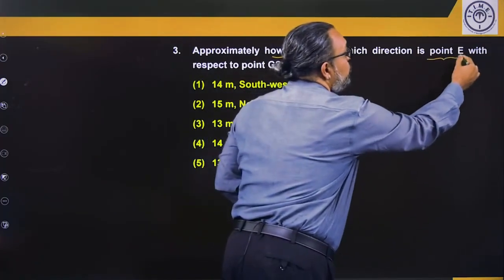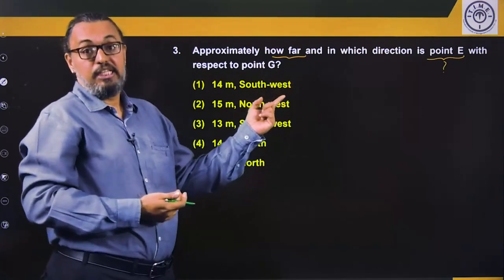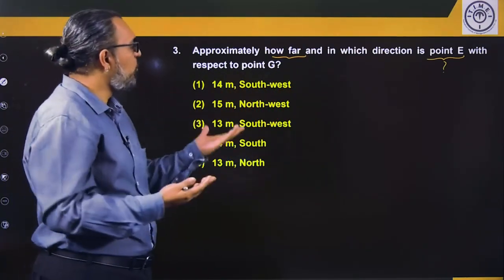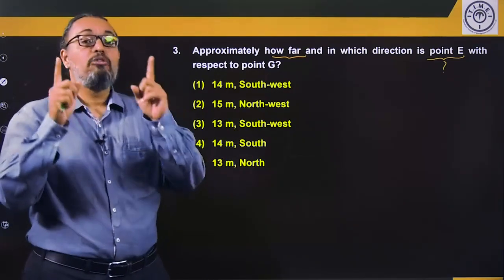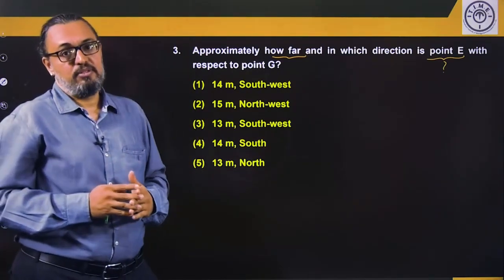So what is that shortest distance and in which direction is E? See, I need to know the direction of E. From where? With respect to G. So from G, I have to know what is the direction of E. When both distance and direction are asked, always look for direction first so that we can eliminate some options.